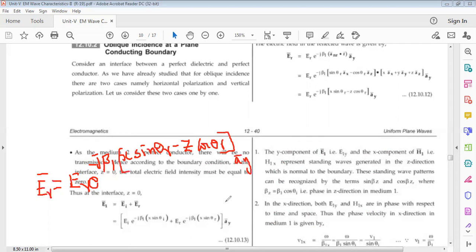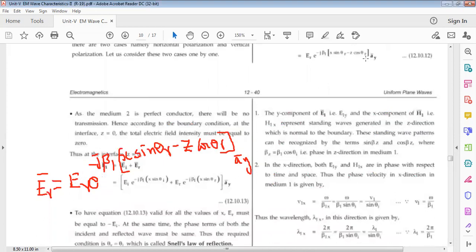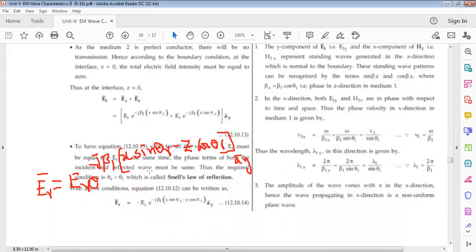Okay, my dear students. Using this, now I am replacing E_R is equal to minus E_I.